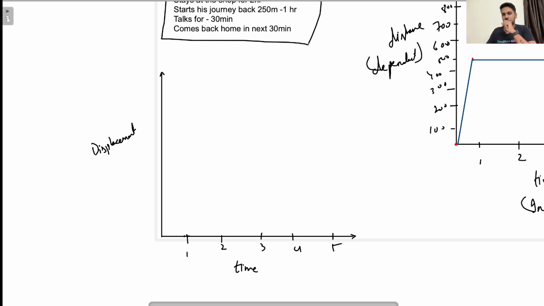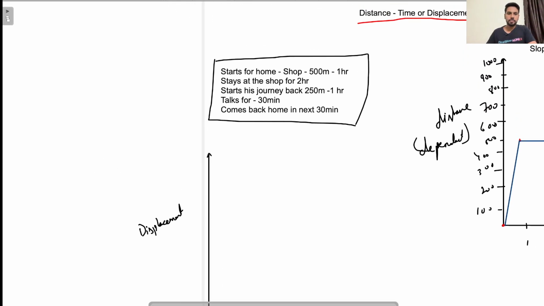But for displacement, I need to be careful. In my journey, my maximum displacement is 500. I start from 0, I go till 500, then I'm coming back. My final displacement is obviously going to be 0, because I'm starting from home and coming back to home.